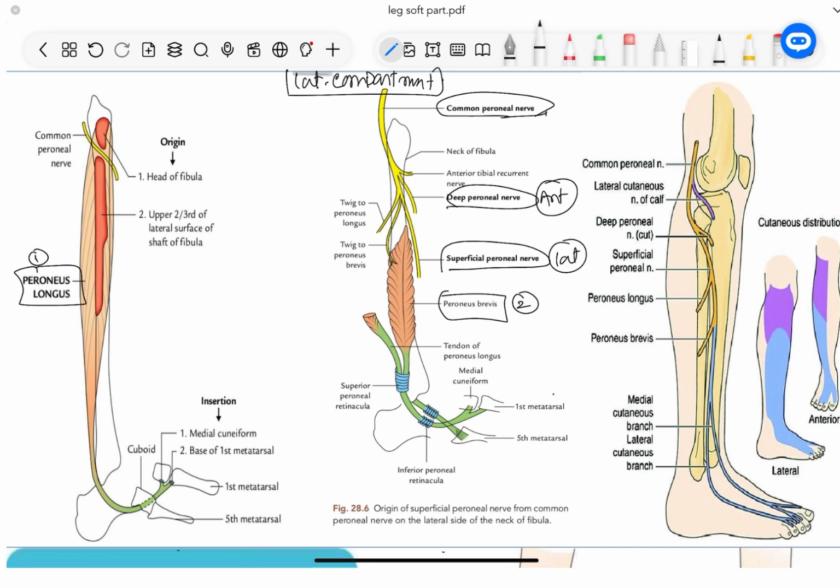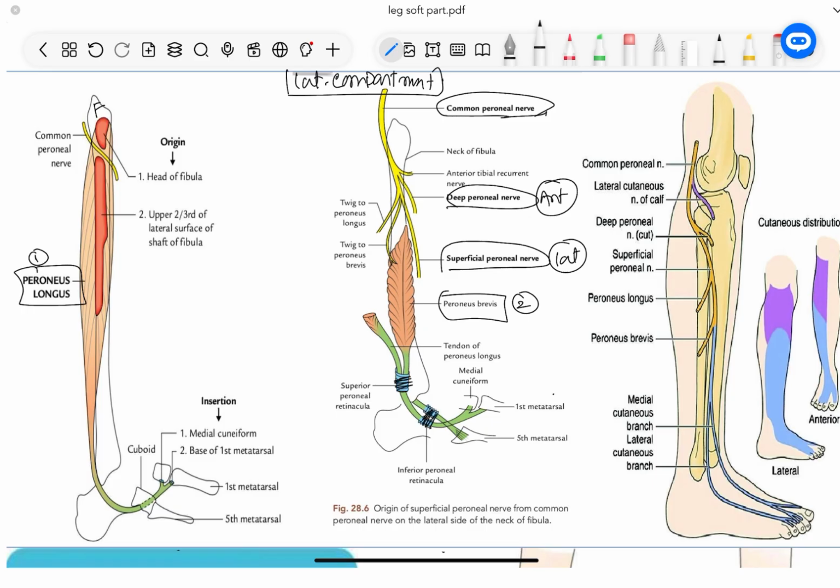As there are only two muscles, we can go through them quickly. First, the peroneus longus. It arises from the upper two-thirds of the lateral surface of the fibula. So this is the fibula, and longus means it is a long muscle. Where does it get inserted? The tendon of the peroneus longus, along with the peroneus brevis, comes through a common tendon under the superior peroneal retinaculum.